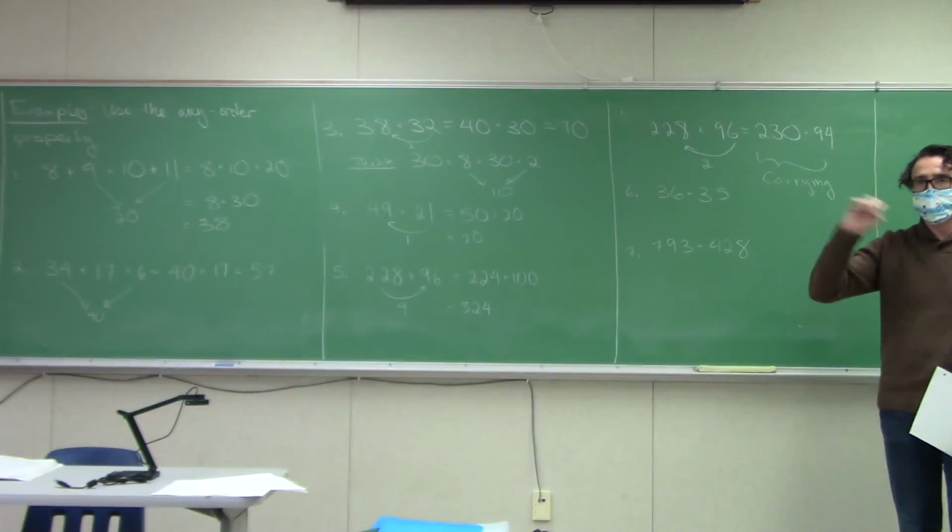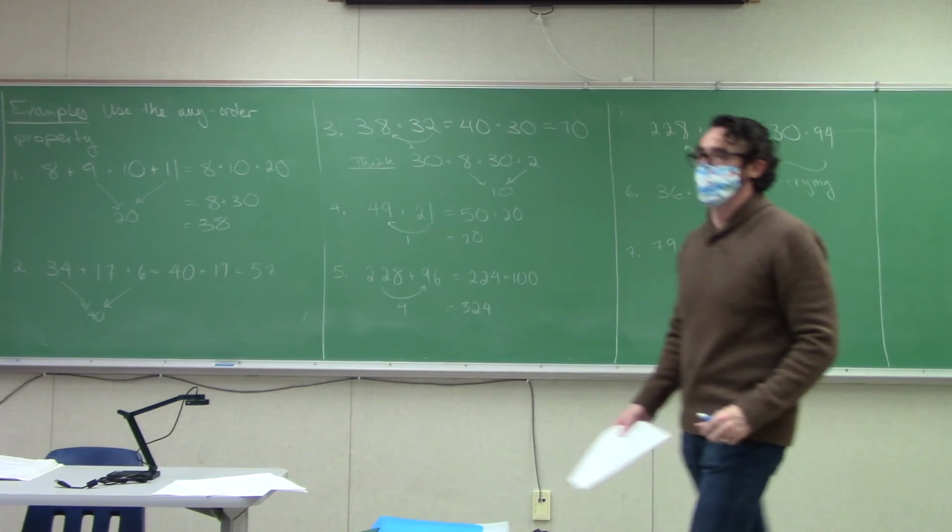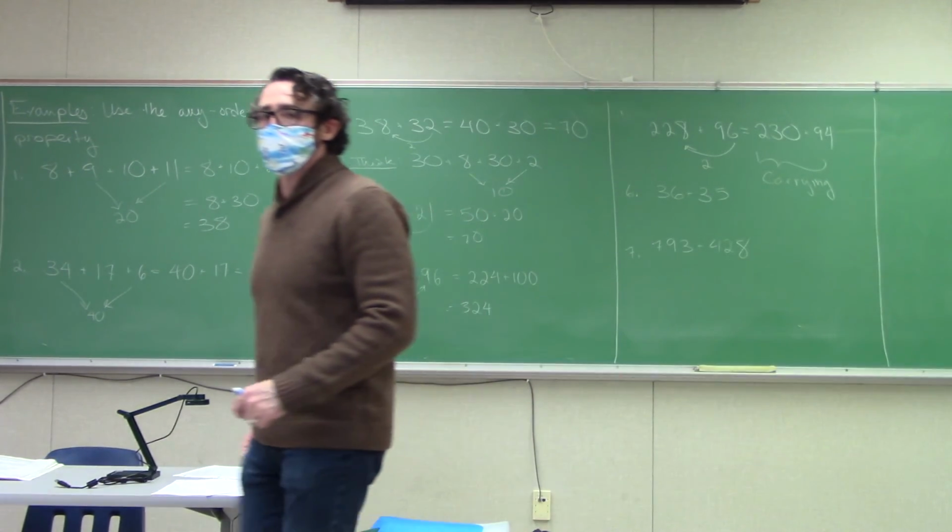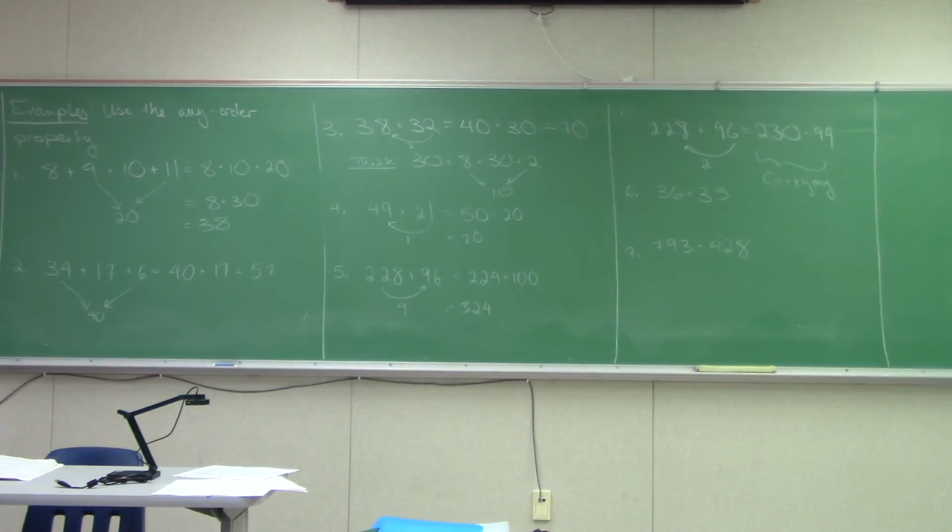Write down one step to indicate what your thinking is, and then try to get to the answer. So the first one is 36 plus 35, and the next one is 793 plus 428.